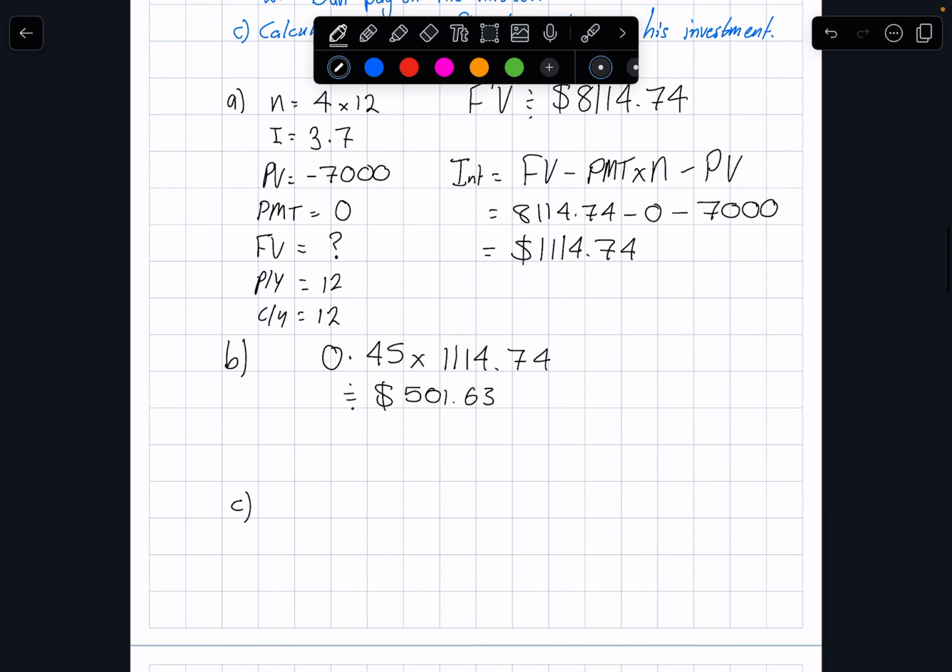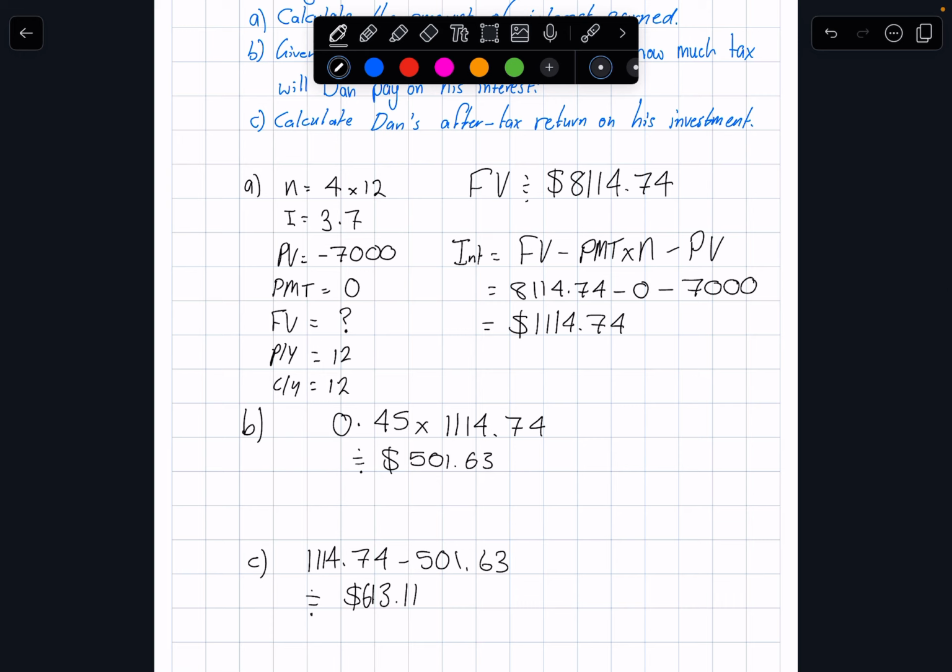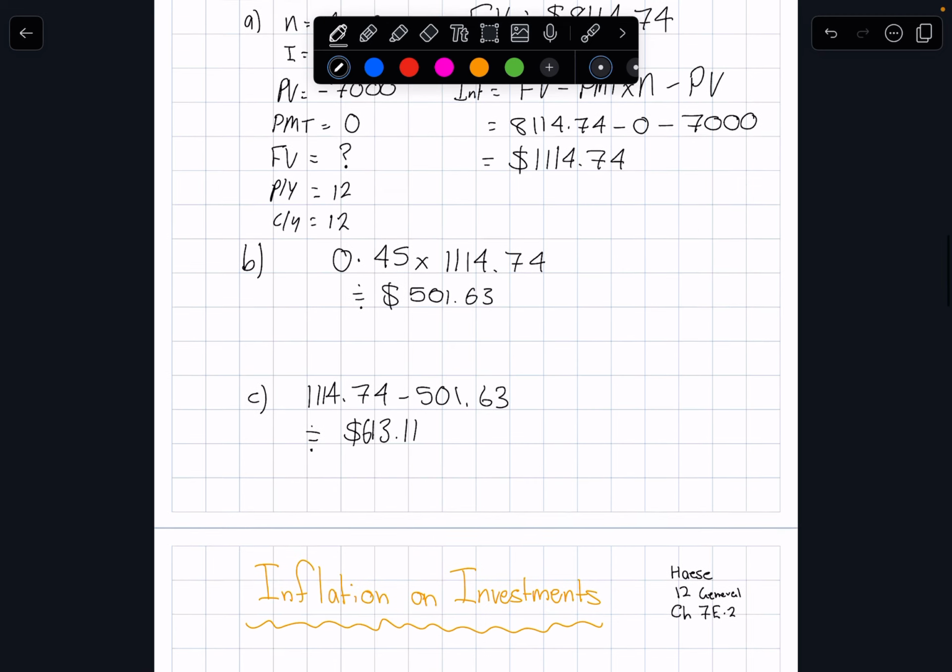Then his after-tax return is the total amount of interest earned minus how much Dan gets taxed: 1114.74 minus 501.63, which is $613.11. That is his final return on his investment. So even though you are getting all of this good interest, the government will still tax you. That's how tax works, and a question like that will work.